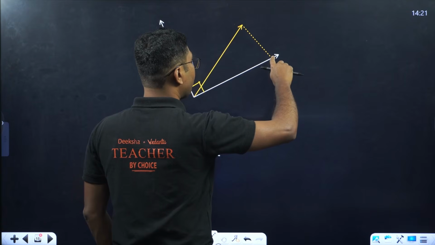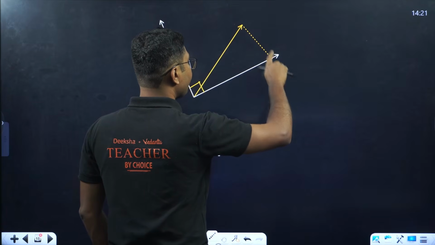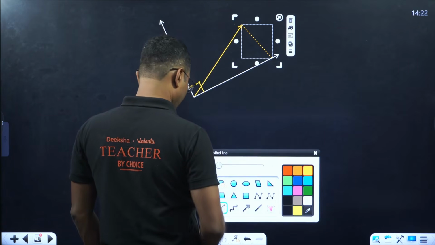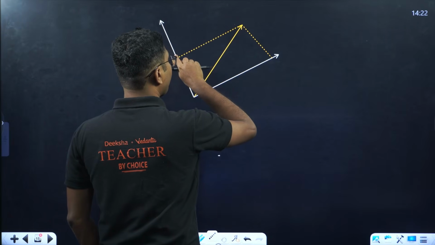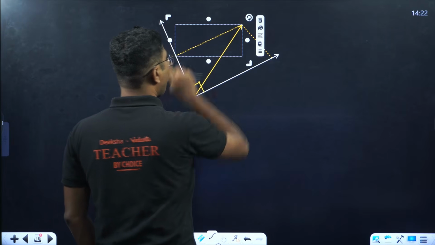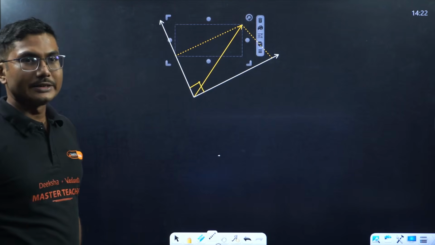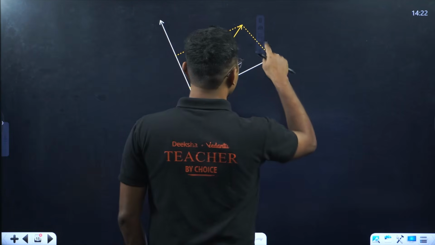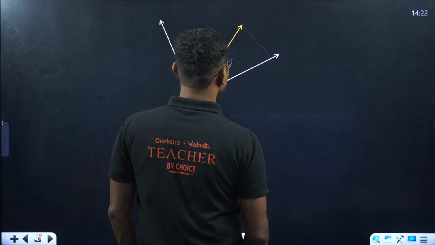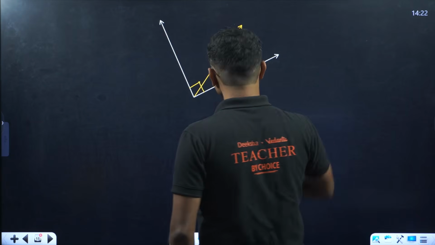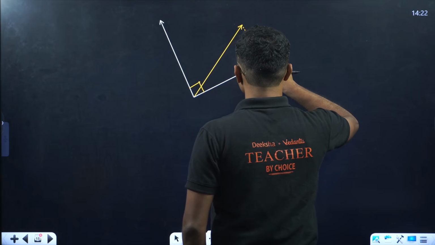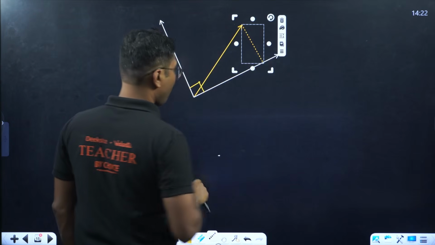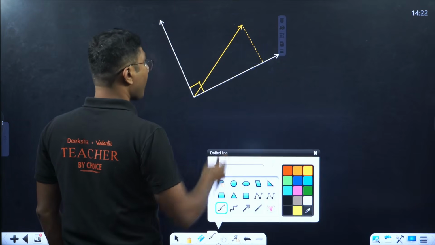You need to draw a perpendicular on this, then take another point and draw a perpendicular on this. The only condition is that these two have to be perpendicular. So I think this line is not perpendicular. Just give me a moment. This is perpendicular now.